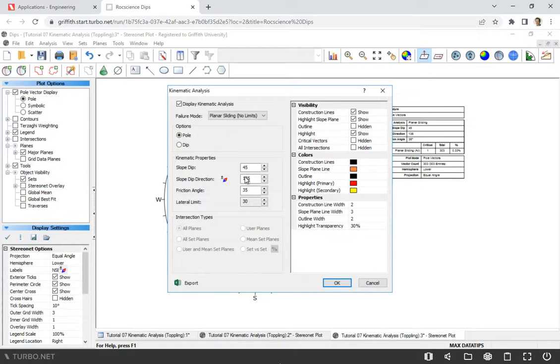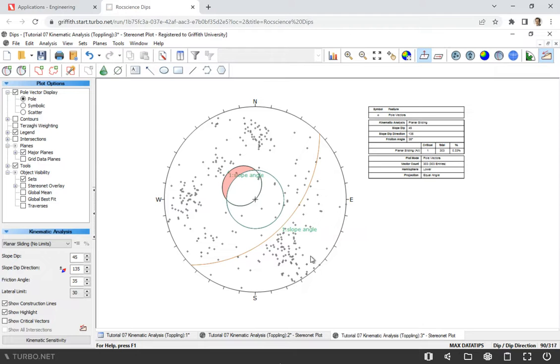You will see the information here: dip direction 135, slope dip 45, and friction angle 35. We don't need to do anything, just click OK.